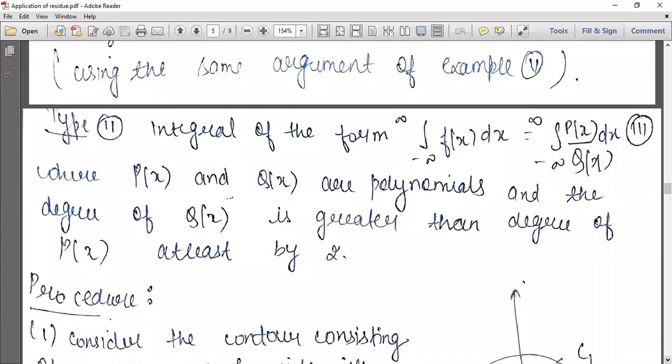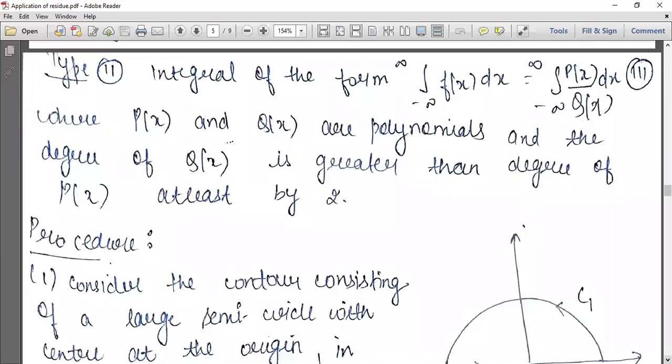So that was all about your type 1. Now, in type 2, we will deal with functions of the rational form. That is where we will have an integral of the form integral from minus infinity to infinity f(x) dx, equal to integral from minus infinity to infinity p(x) upon q(x) dx. That is, this will be a rational function.